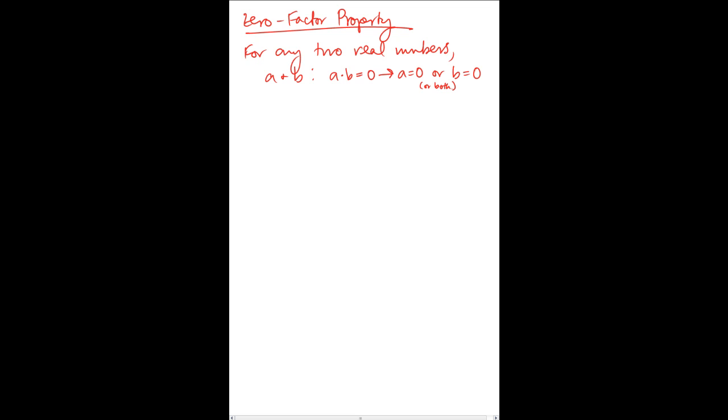We can actually even generalize this if we're feeling ambitious. It's not just any two.